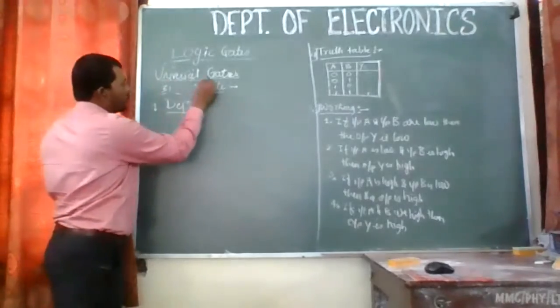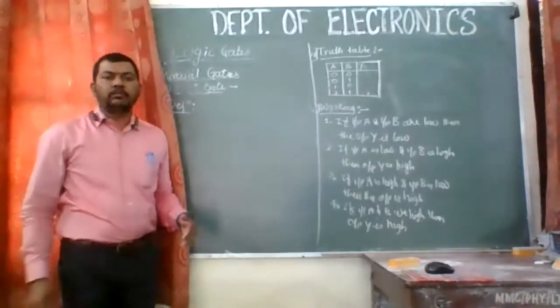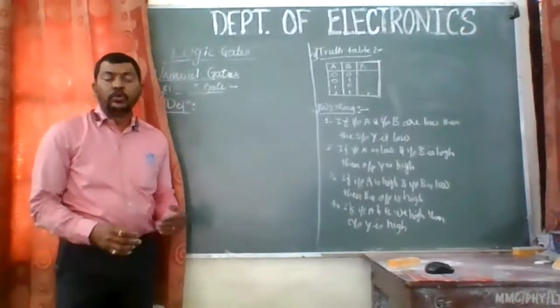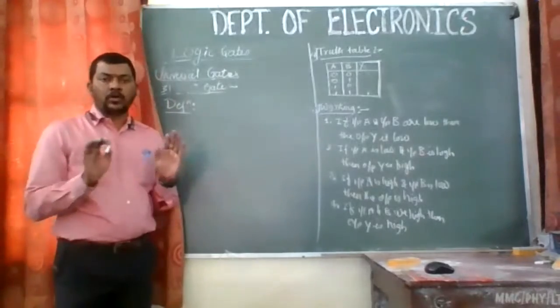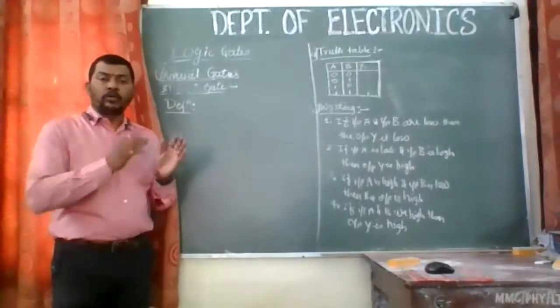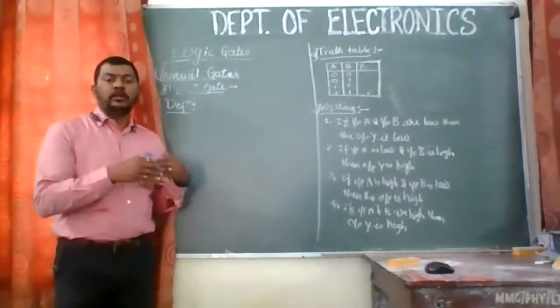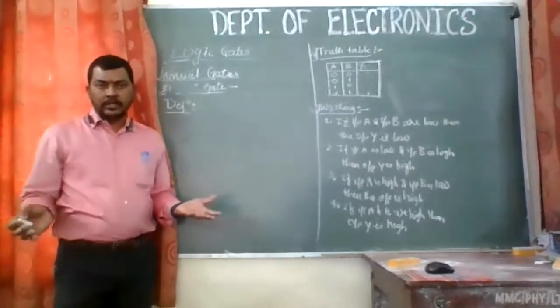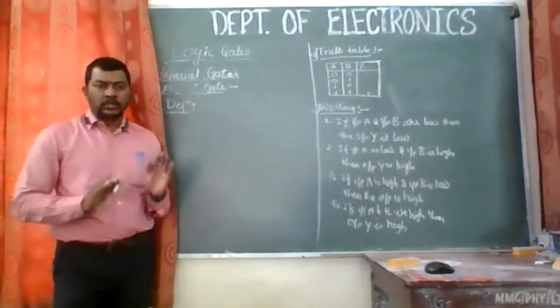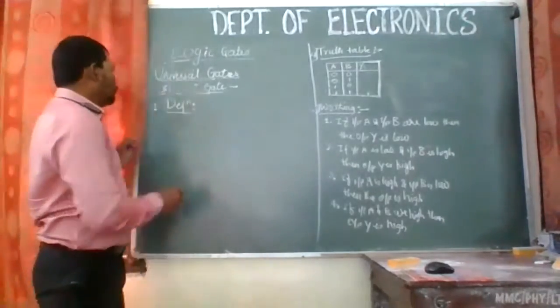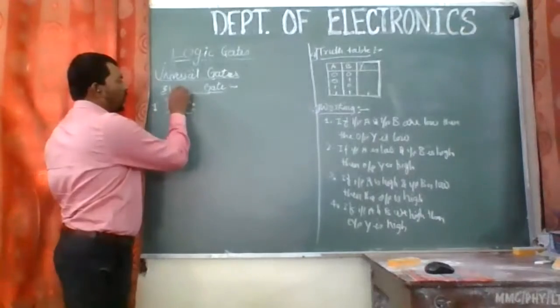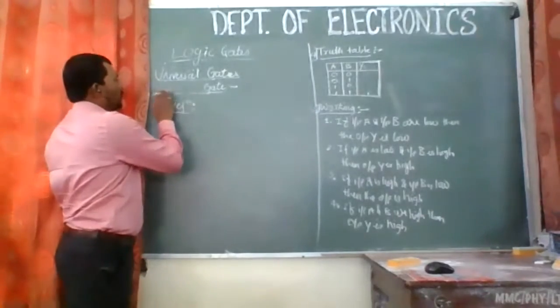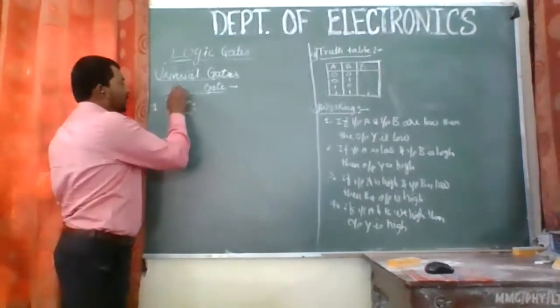Universal gates are the gates which can be used to prepare any other gates. From these universal gates we can make any sort of gates, therefore they are called universal gates. There are two universal gates. These are again called the derived gates.